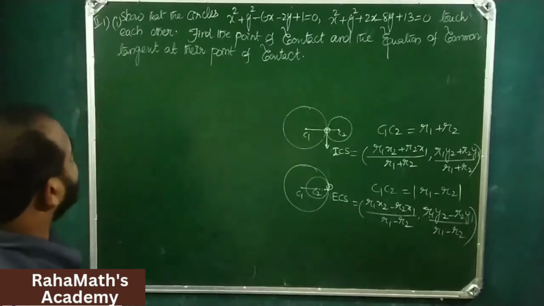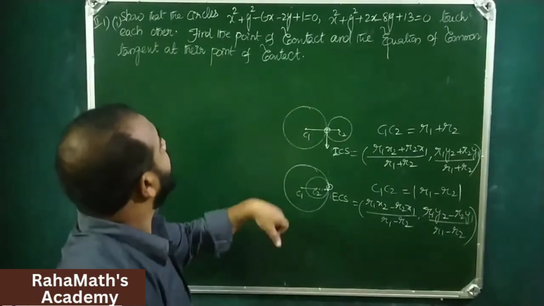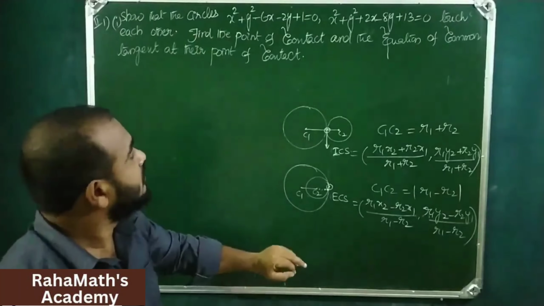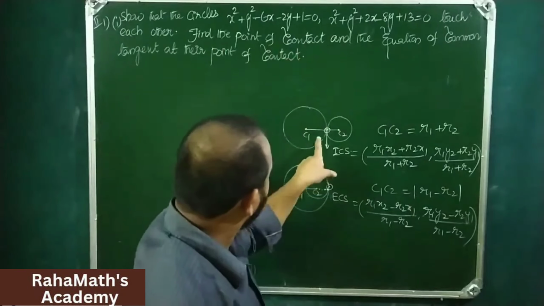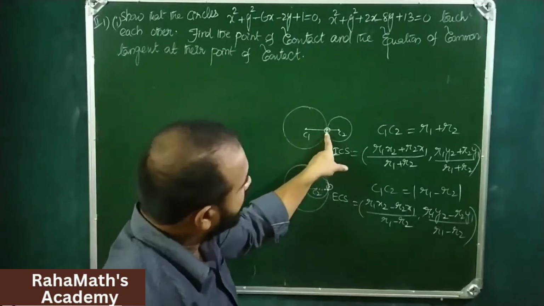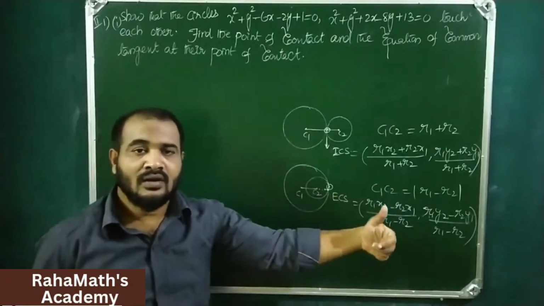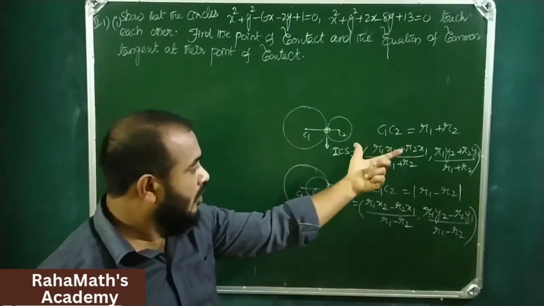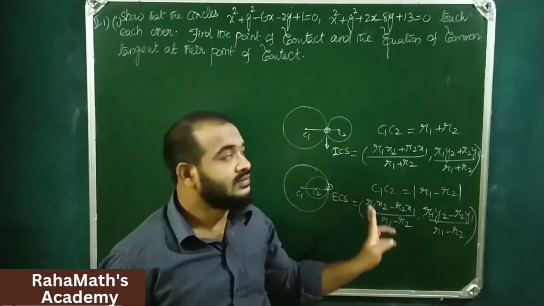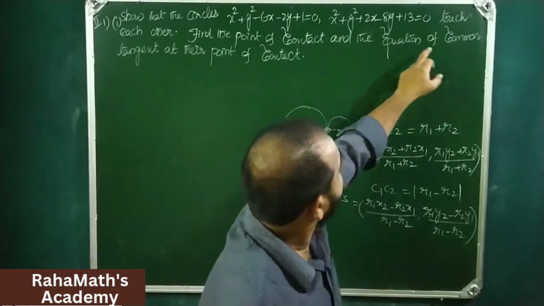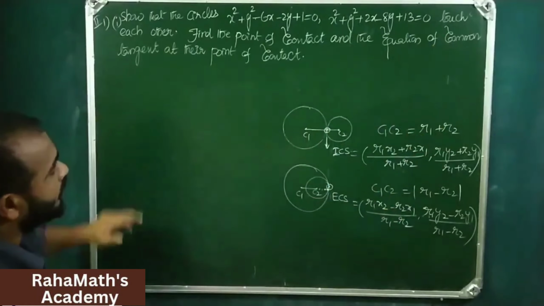Not only is he asking to show the two circles touch each other, he is also asking to find the point of contact. That may be found out by this. And further, the equation of the common tangent at their point of contact.